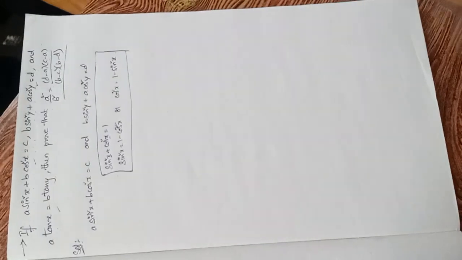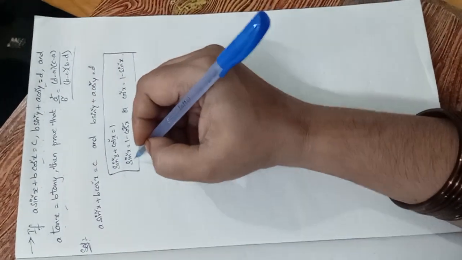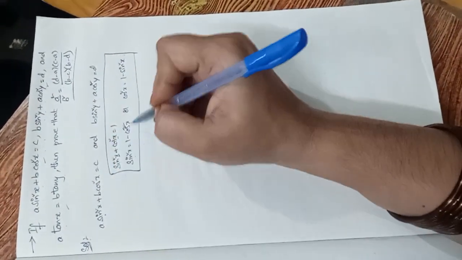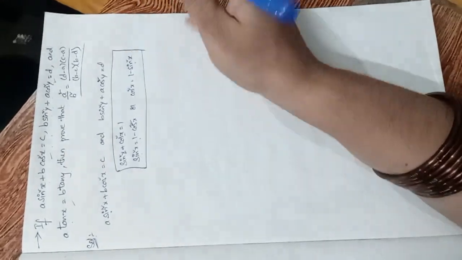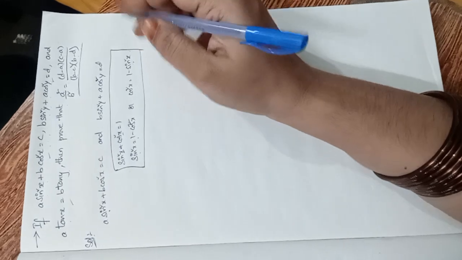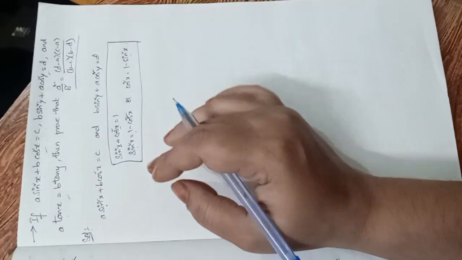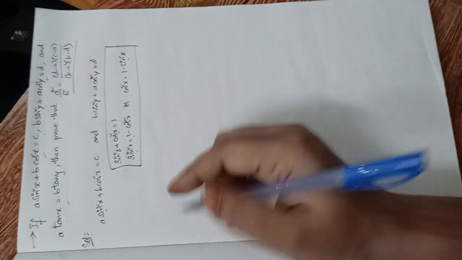Now what I am doing is substituting this in place of sin²x, and then substituting cos²x equals this. Let us see, while doing it you can understand what I am doing.